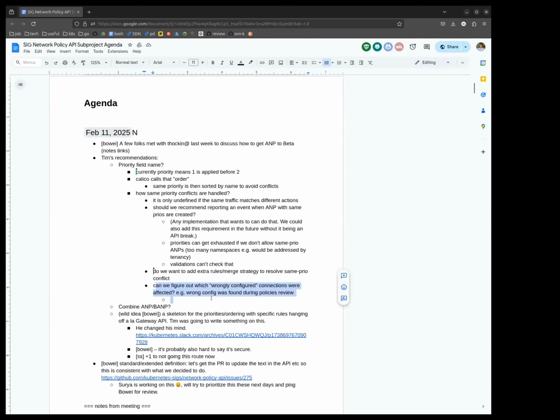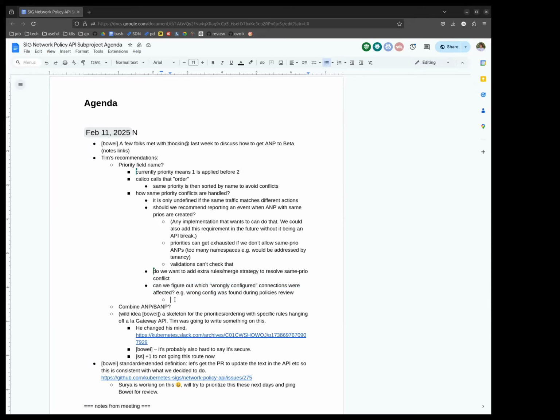Okay, so I just wanted to try and address this question. If you find at some point that you did have conflicting policies and undefined behavior in your cluster, which means there is an allow and a deny rule, and you're only worried if something was allowed that should have been denied, and you're trying to figure out which connections were affected, the answer is some of the connections for which these intersecting policies exist.